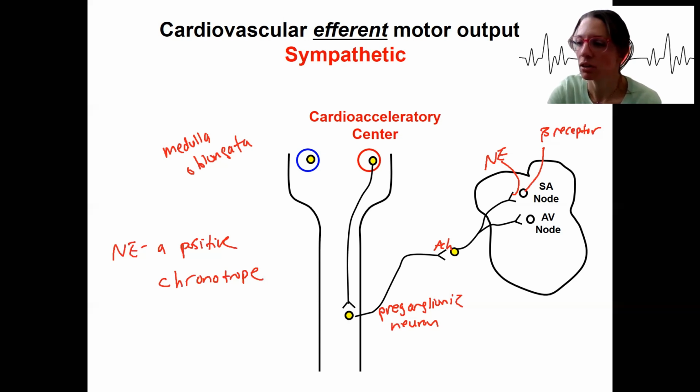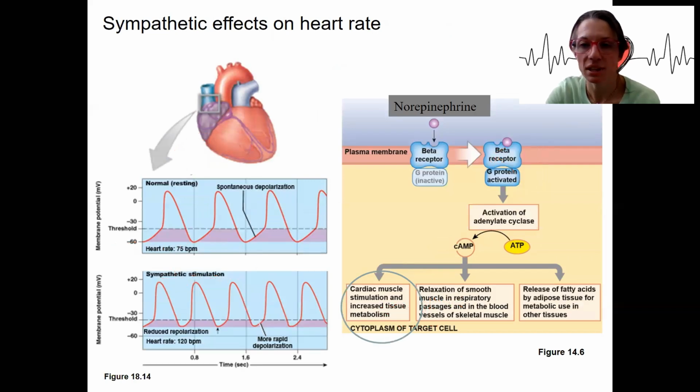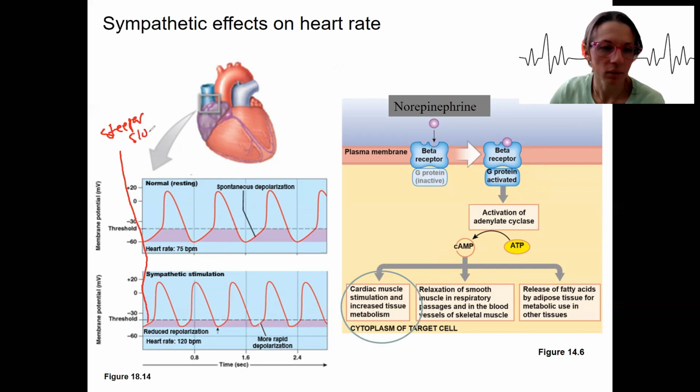So how does this work? Similar idea to our parasympathetic nervous system, but this time we need to make the slope steeper. So how are we going to do that? We are going to open channels that are responsible for those funny currents.